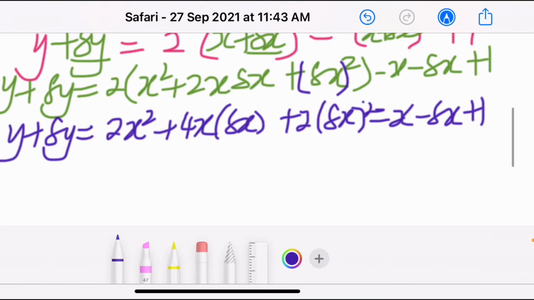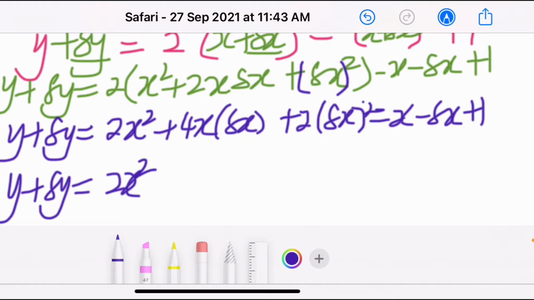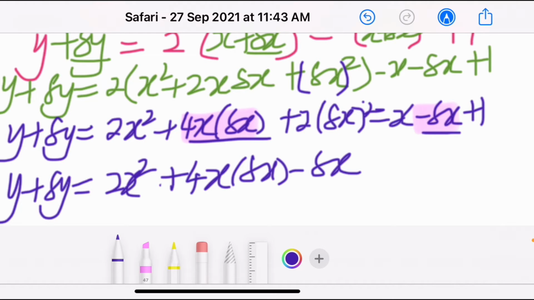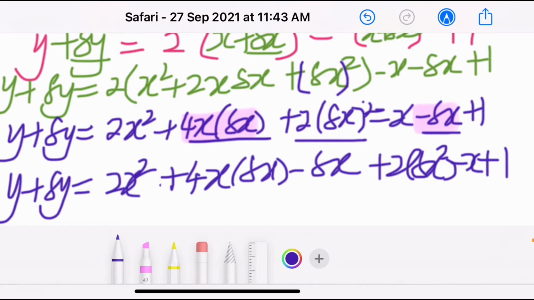Now we need to simplify to the simplest form. So we have 2x squared, then 4x delta x, minus delta x, and then 2 delta x squared, minus x plus 1.